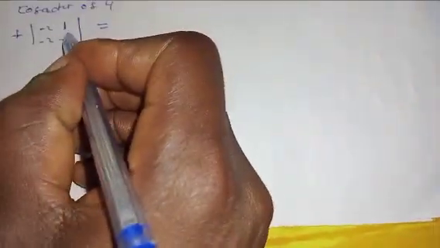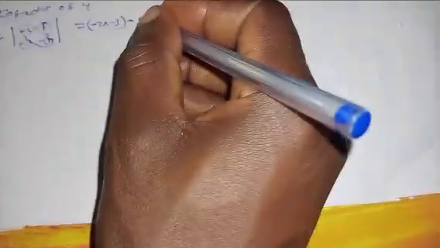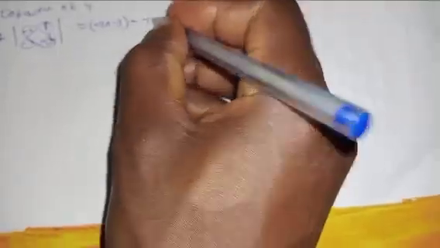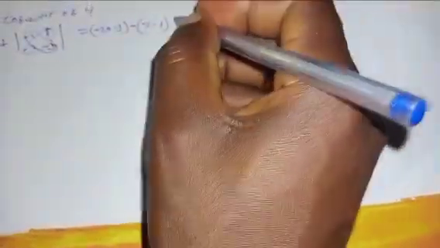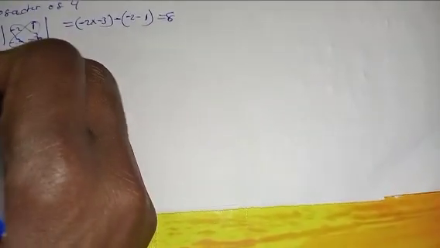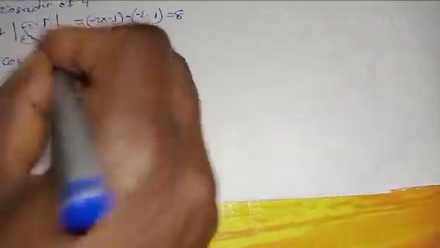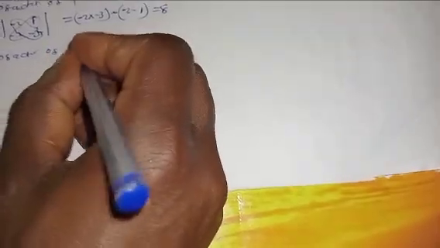Then you do the same. You multiply this minus multiplication of this. So -2 times -3 minus -2 times 1. I think you'll come up with 8. Then you come and find the cofactor of -1. So we are dealing with row 1. Row 1 of this will come to row 2 and row 3.